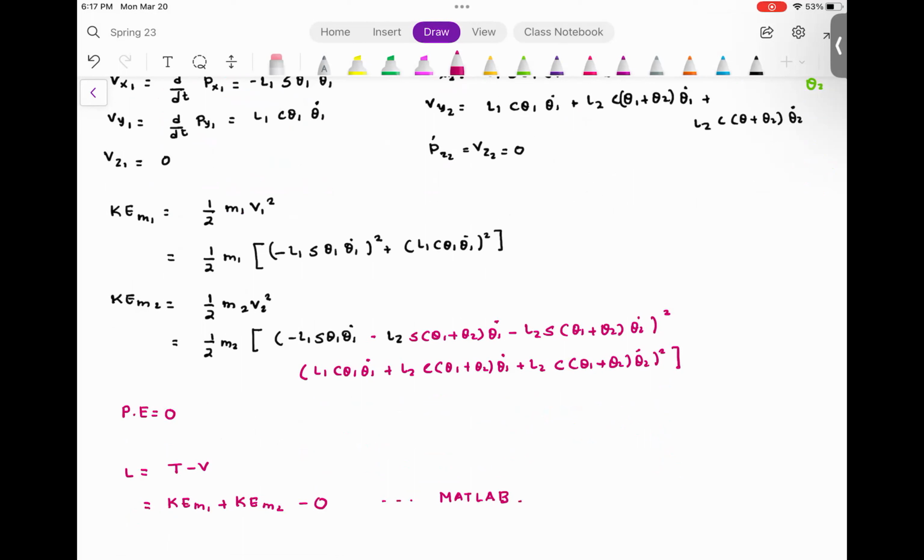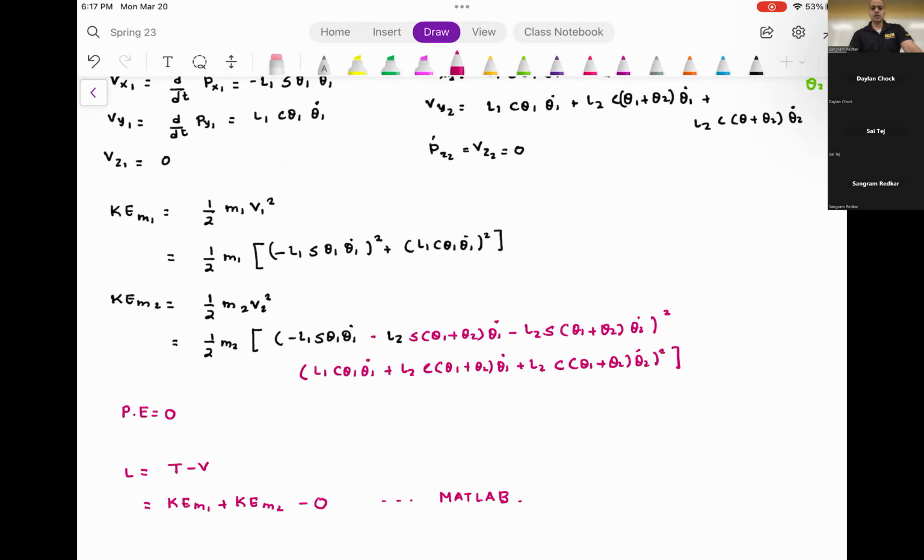So now I'm going to move on to MATLAB, and I will show you the expression for how to solve this using MATLAB. I'm going to share my screen. I'm going to open MATLAB.